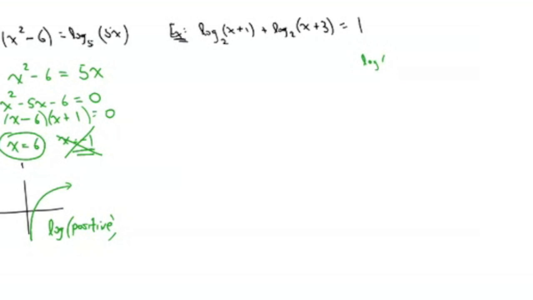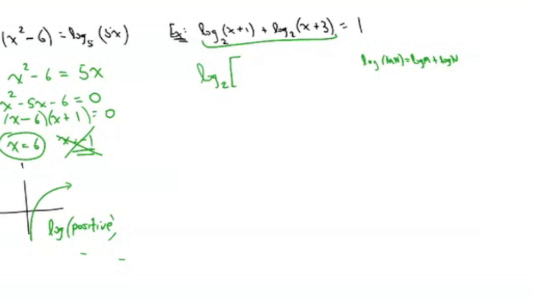Log of m times n is equal to log of the first one plus log of the second one. So here we have log of the first one plus log of the second one, so I can take it and write it as a single log of a product. So I can take these two and bring them together as a single log base 2 of what?